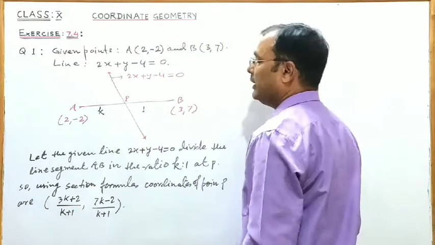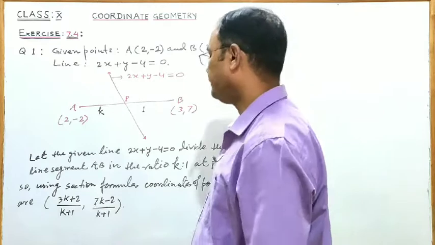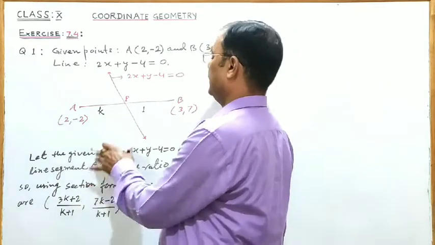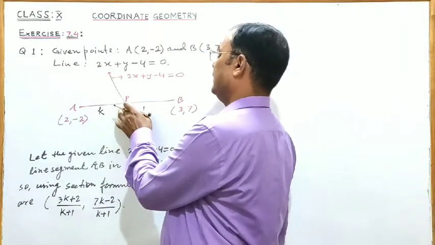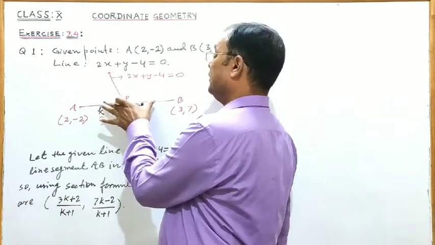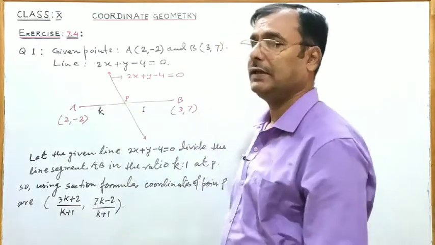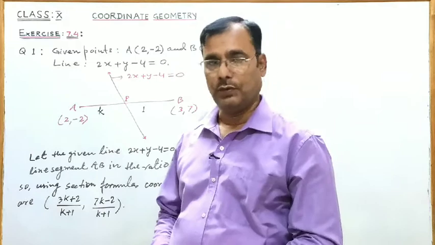So, this is the coordinates of point P which we have found using section formula, because point P divides the line segment AB in the ratio k is to 1.